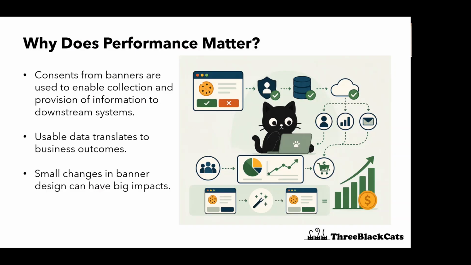So the consents that people provide in those banners to do things like drop cookies, trigger those pixels we were talking about last time, are the things that enable you as an organization to collect information and provide it to downstream systems.